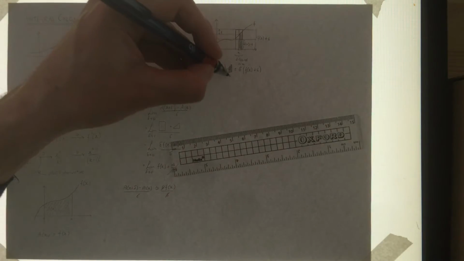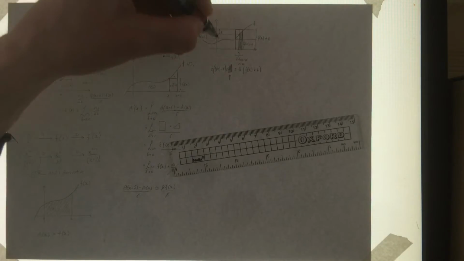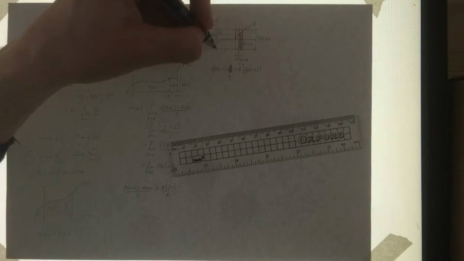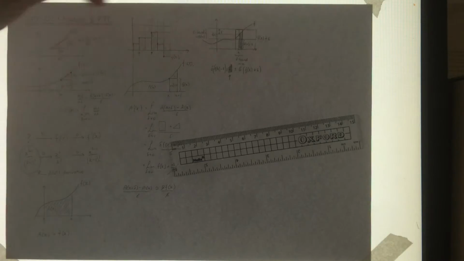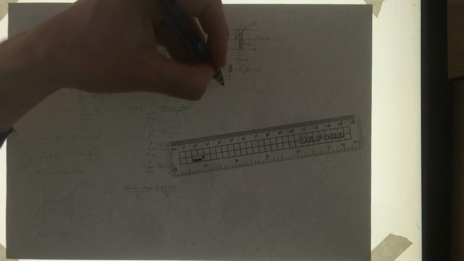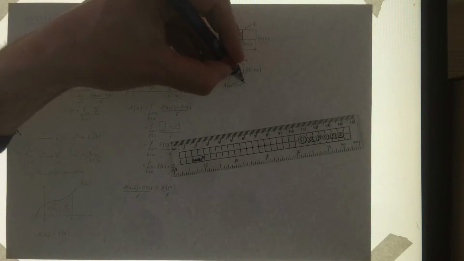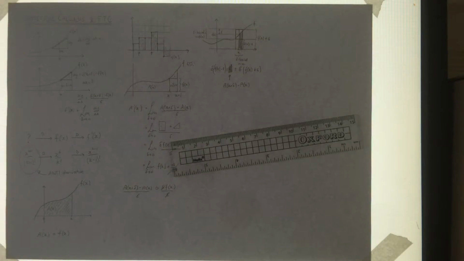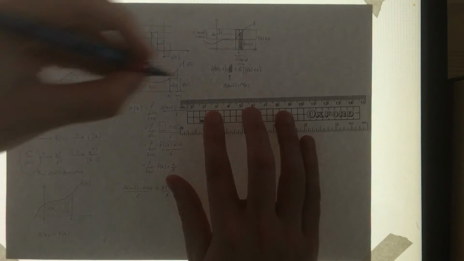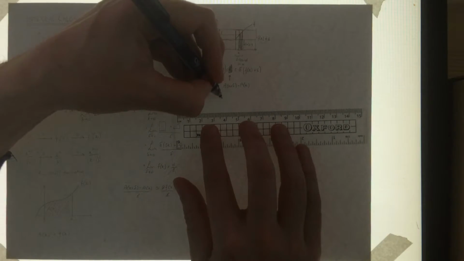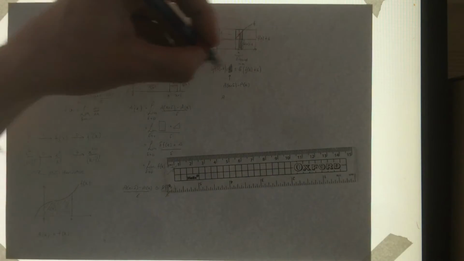And this is a of x plus delta minus a of x, just like we had here. Okay, so now we can just divide everything through by delta.